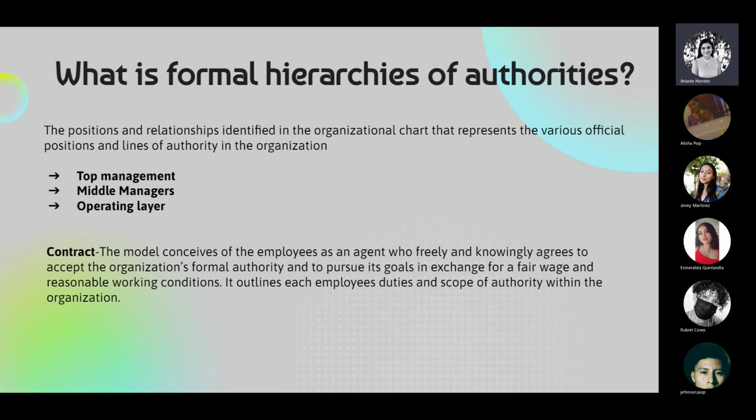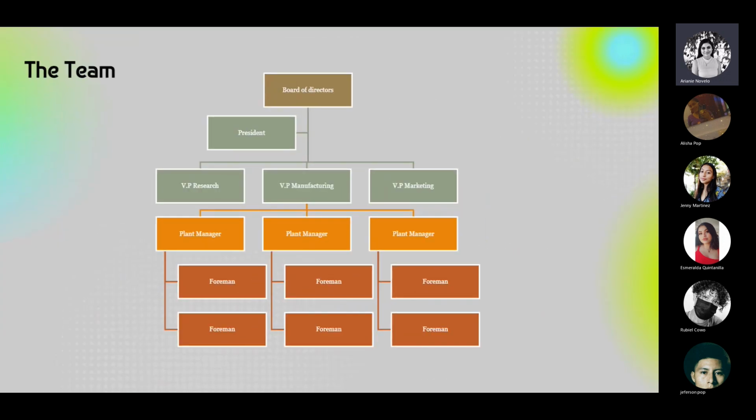The top management is what we call the CEO or the board of directors within a company. The middle managers, we have them overseeing the operating layer, and they are overseen by the top management. The operating layer is farmers, foremen, and people who produce the goods and services of each company.